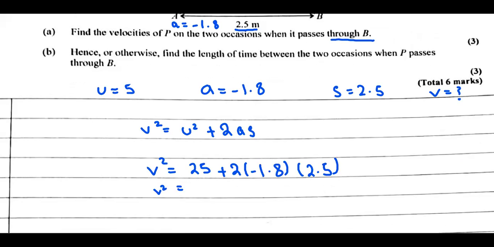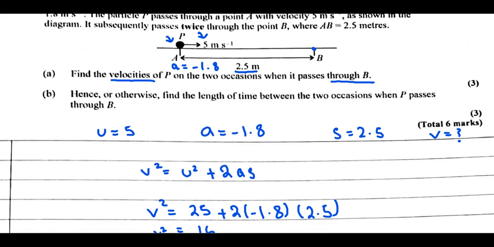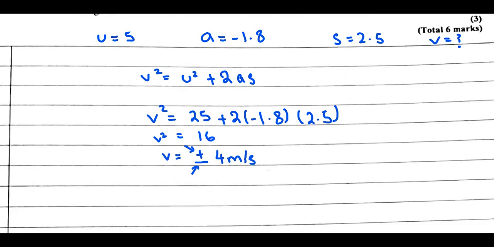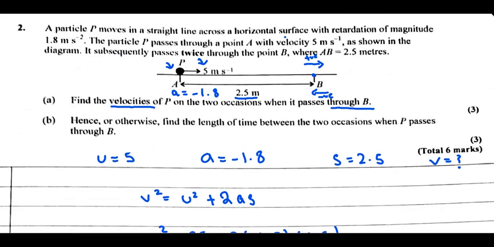V squared is going to be 16 and V is going to be plus minus 4 meters per second. This plus and minus are basically giving you the velocities. Now we had understood that when passing the first point, it is going this way, so obviously its velocity will be positive, and when it is coming back its velocity will be negative, right? That means one velocity we have is 4 and the other velocity is -4. So at this point it would be 4 meters per second and at this point it would be -4 meters per second, right? Did you understand the first part?